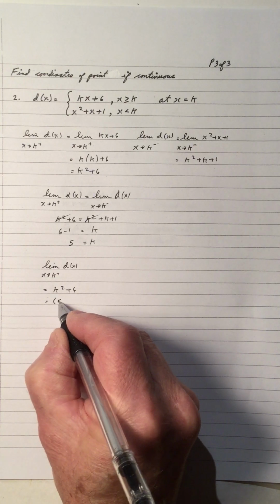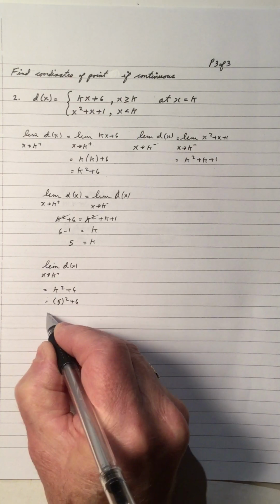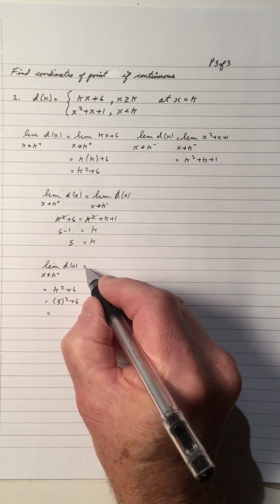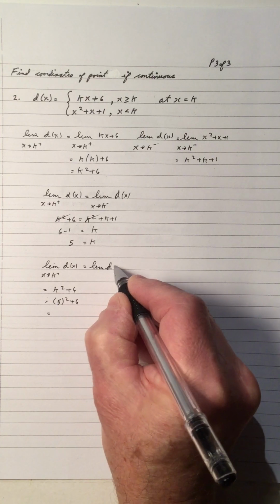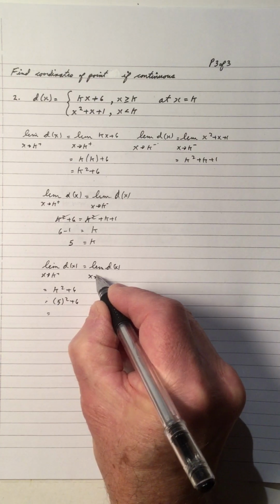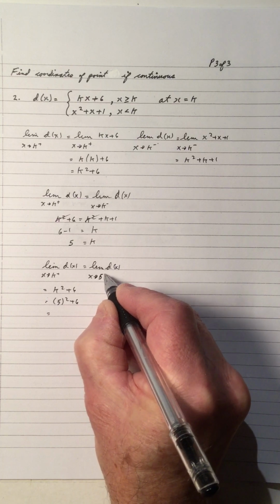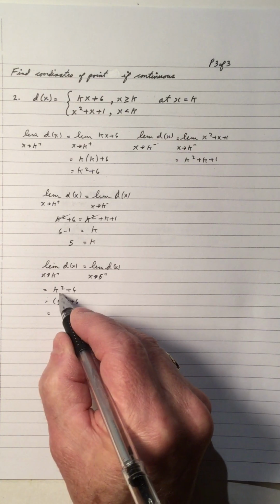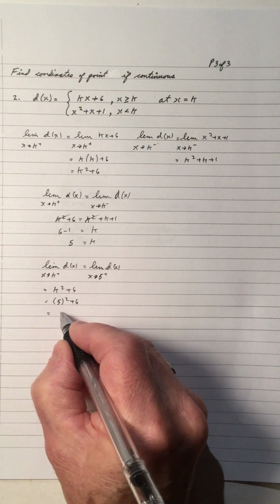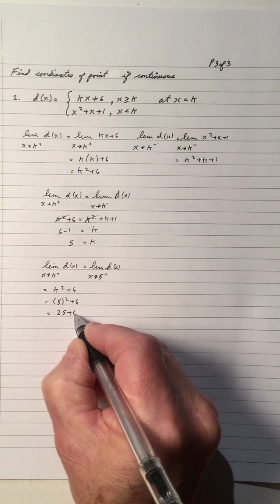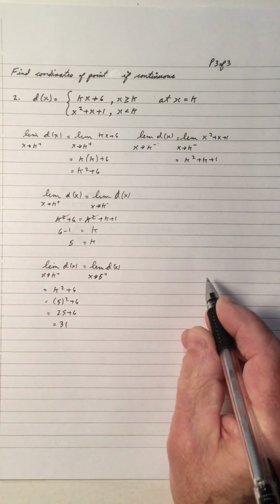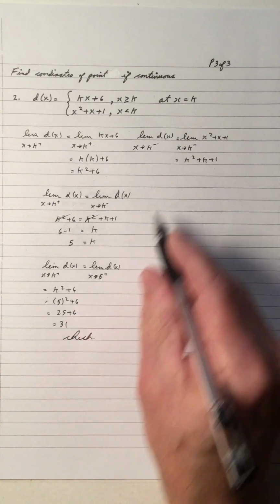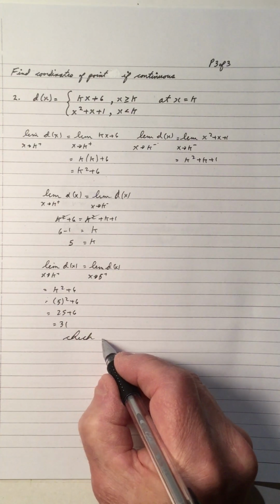This k is 5, so we put a 5 in, and we come up with 25 plus 6, which is 31. And again, to check that, k is 5, so let's look at the limit on the left.